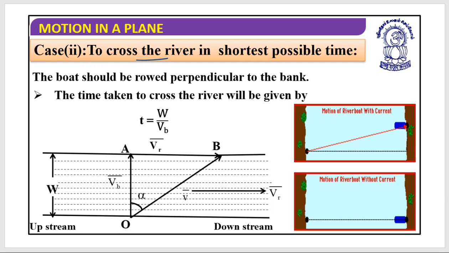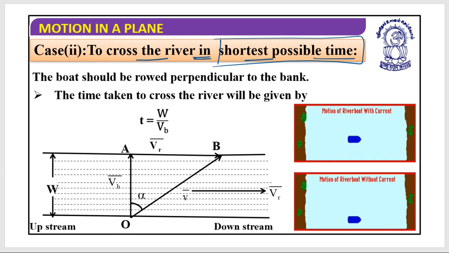The situation is to cross the river in the shortest possible time. Here you are going to cover this in the shortest time. Previously you were trying to cross the river in the shortest possible path. Now let's look at these two situations. This is situation 1 and this is situation 2. As you can see, in the first situation a boat is swimming at a certain angle theta, something like this, and it is traveling this much distance.